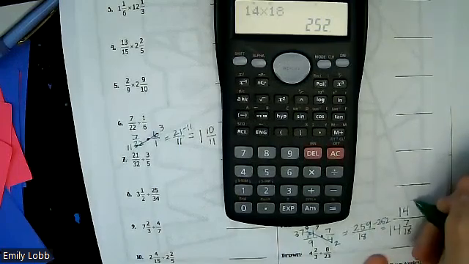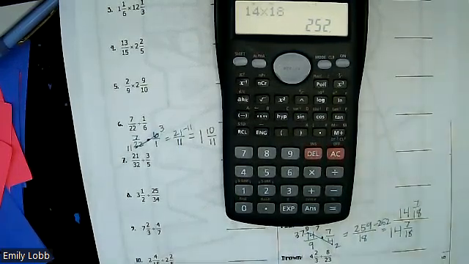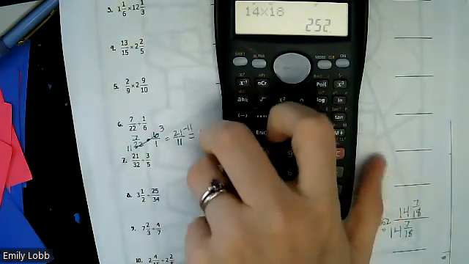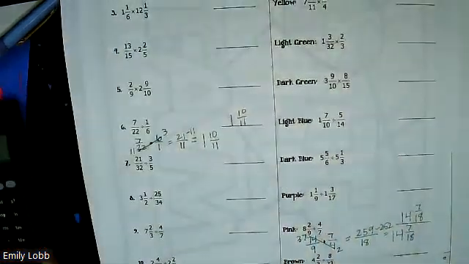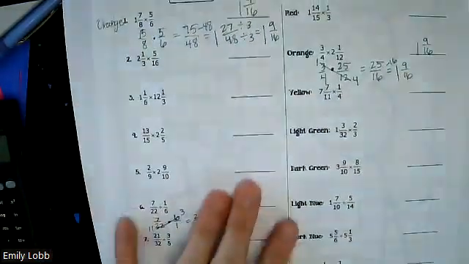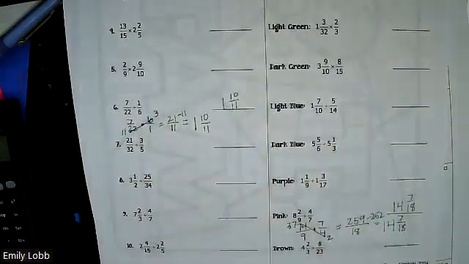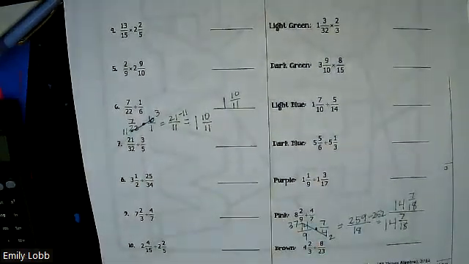So 14 and 7/18ths. So you're going to find one that's 14 and 7/18 on the left side. And find that match there.